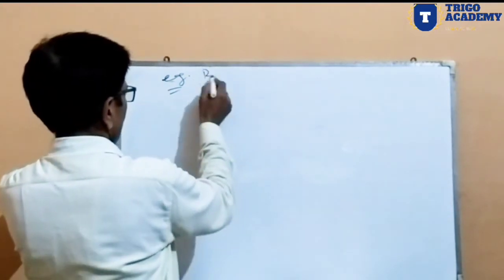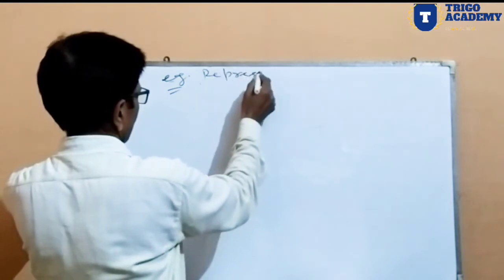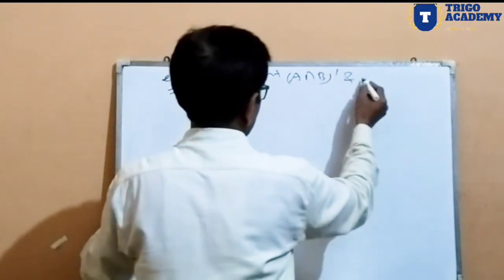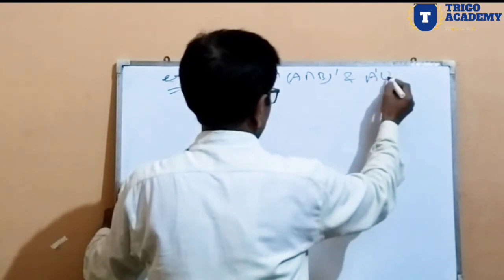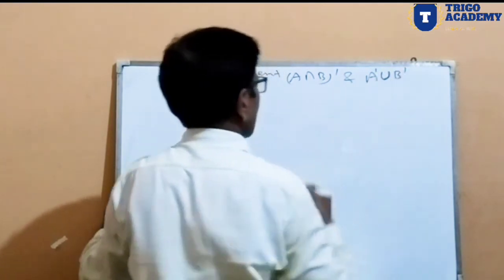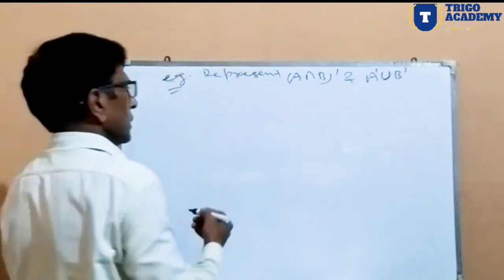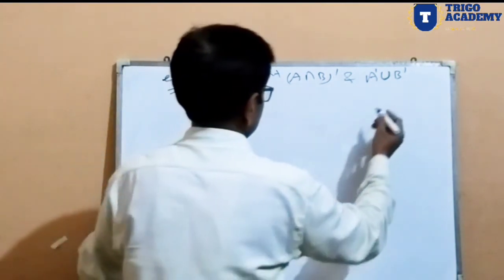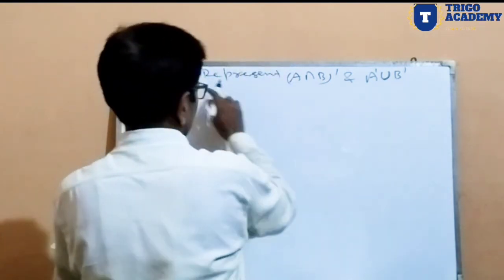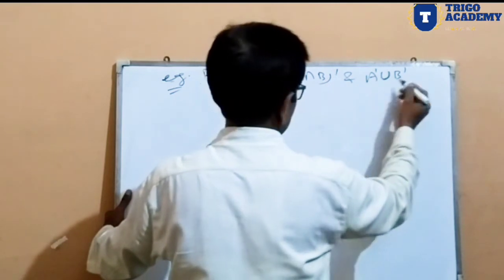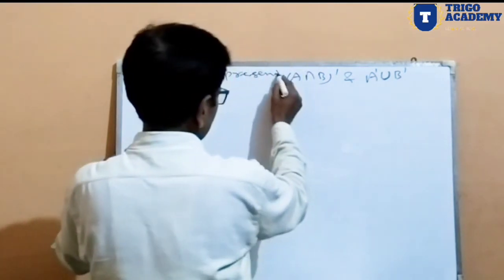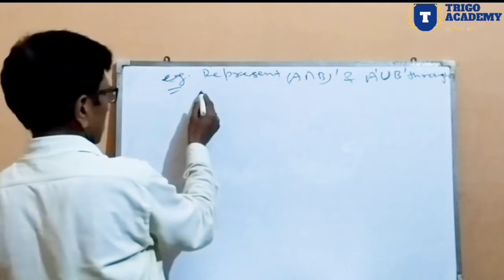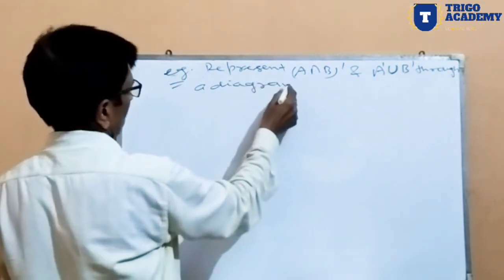To represent (A intersection B)' and A' union B', we represent them through a diagram.